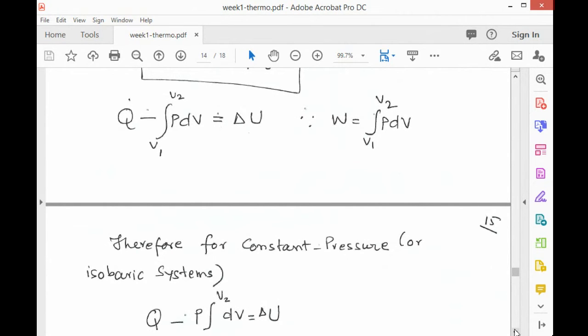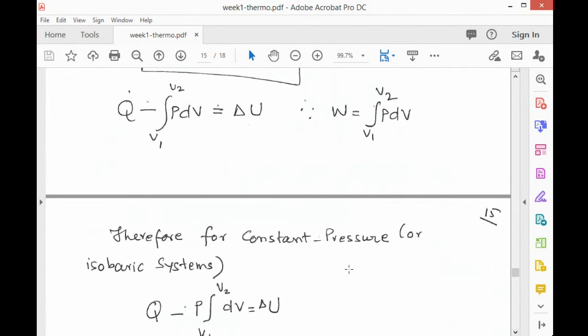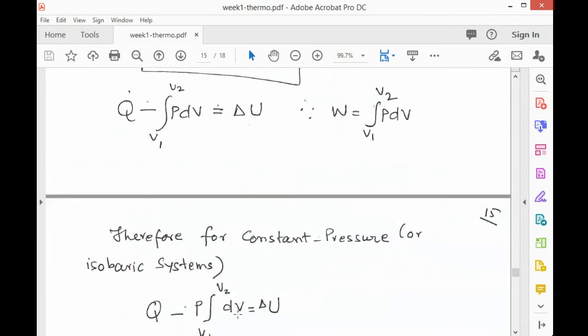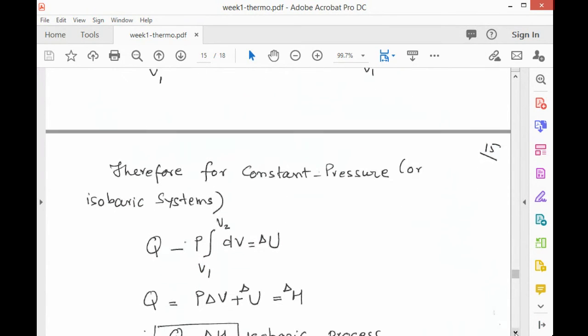Now, if the pressure is constant, for an isobaric process, what will happen? The pressure P will come outside the integral because it is constant. From mathematics, anything that is constant comes out of the integral. So I can take the P out of the integral and do the integration.